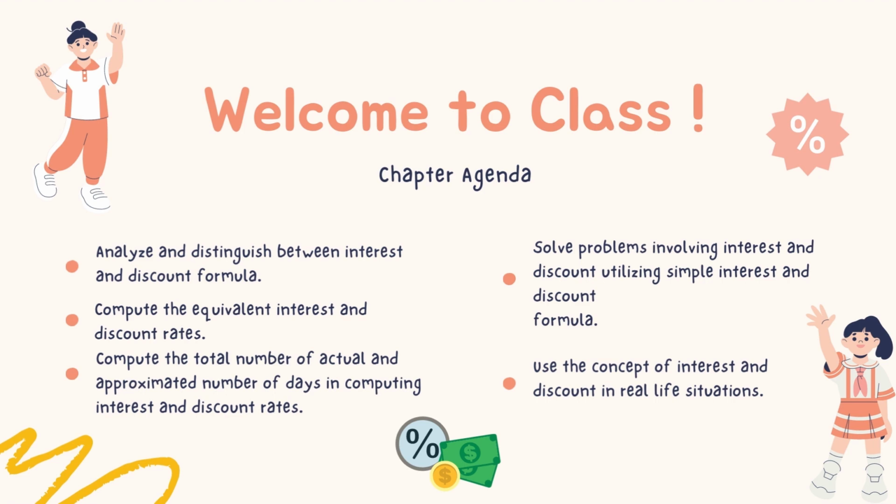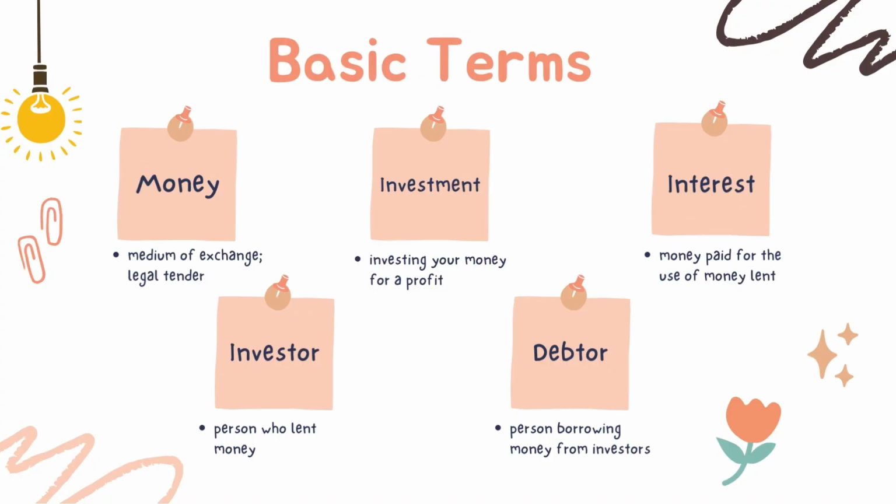Okay, so before we dig deeper into what simple interest and its formula is, let's first go into these basic terms. Let's tackle these first, because you will encounter these terms all throughout the video or all throughout the SEM.